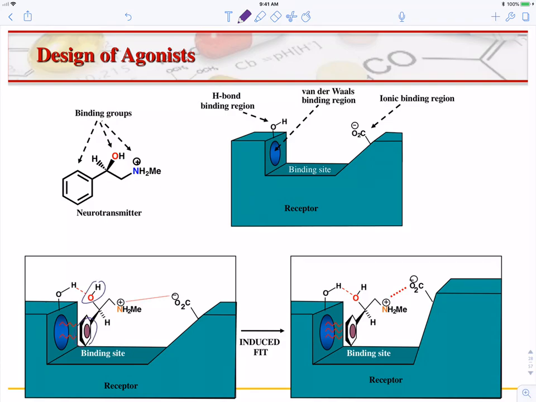We make hydrogen bonds to this serine through the alcohol on the neurotransmitter. And then we have an ionic bond between the charged amine and the carboxylate. Binding simultaneously to these three regions causes a rearrangement of the receptor, which changes conformation.